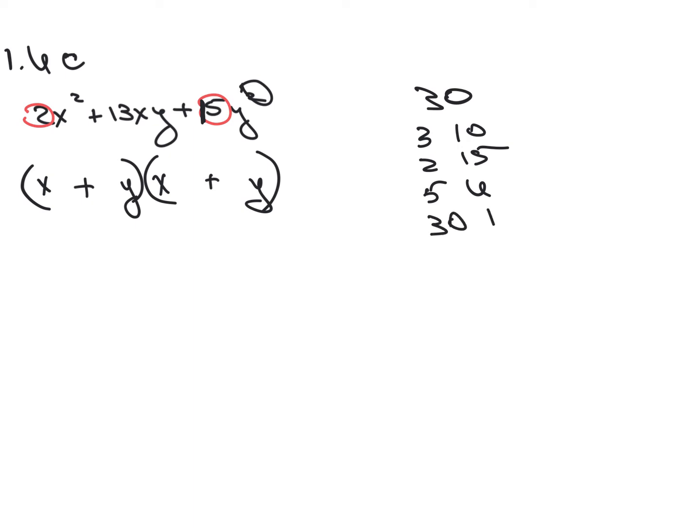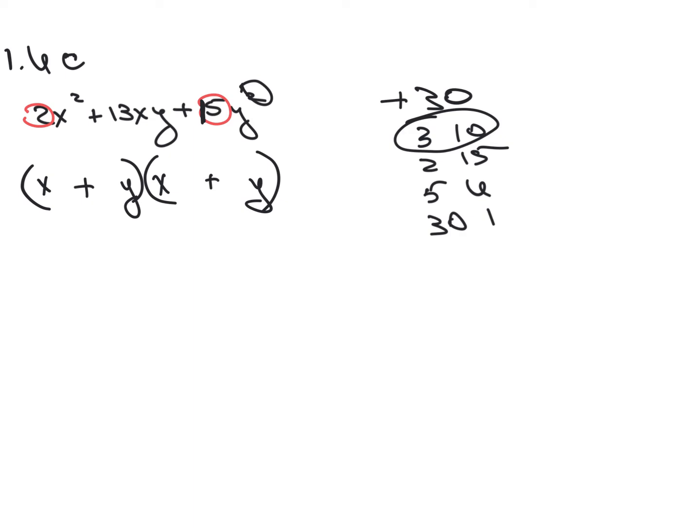Are there any more? Since we don't have any positives or negatives, since this is a positive 30, we're just finding two positive numbers multiplied together that give me 30, added together give me 13.